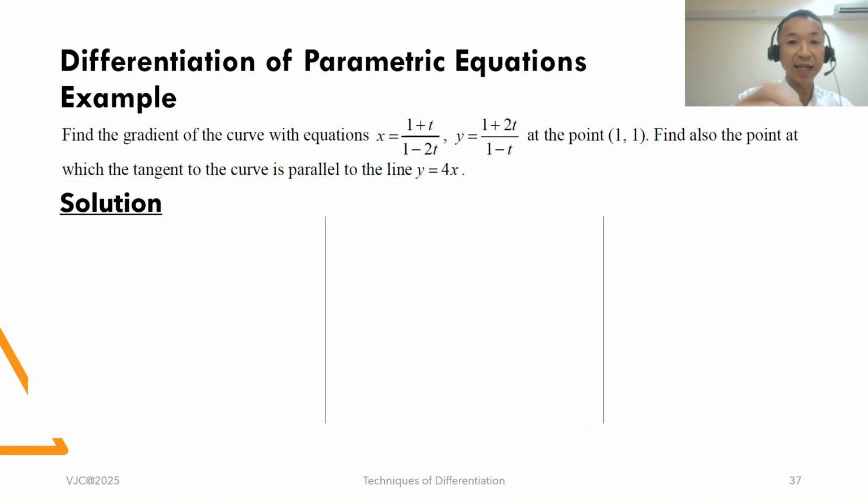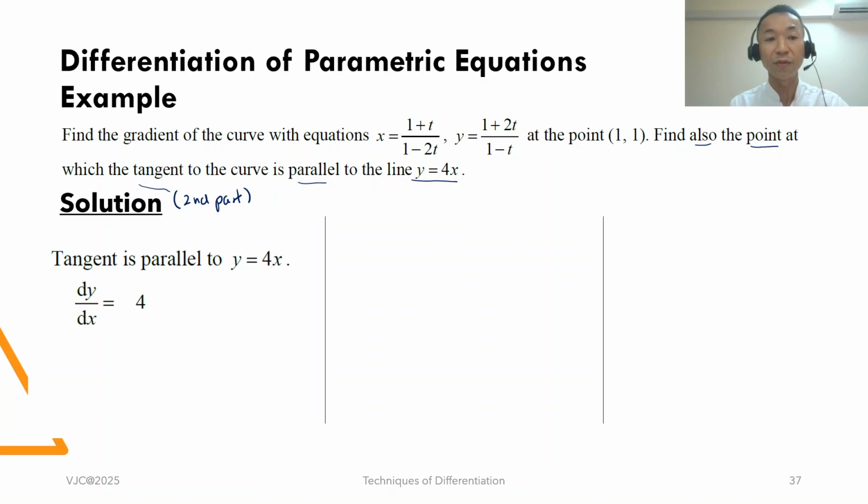Next, let's deal with the second part of it. Let us take a look. You want to find the point where the tangent is parallel to y equals 4x. When we say the tangent is parallel to y equals 4x, it means the gradient of the tangent is actually 4.